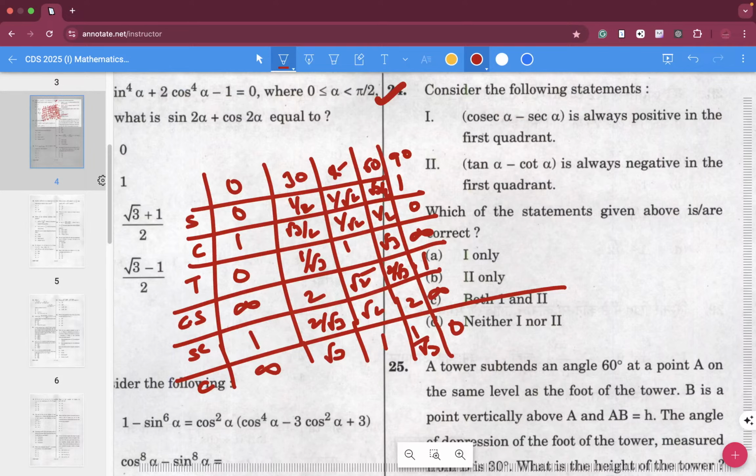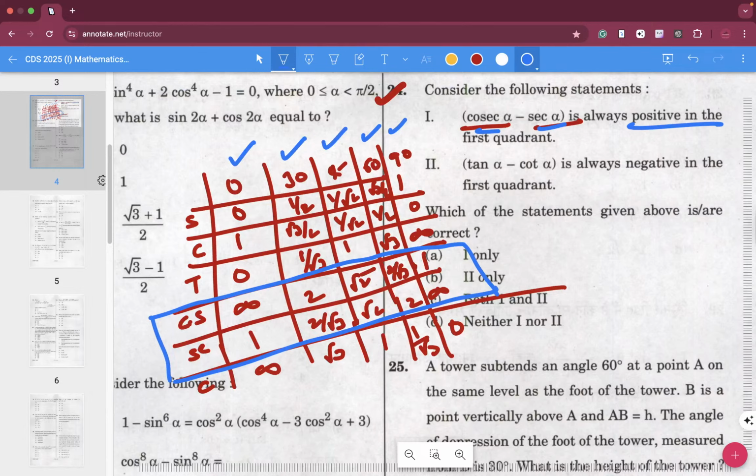So now let's look at the values of cosecant alpha minus secant alpha. Let's look at this, because this is the first quadrant, right? First quadrant means 0, 30, 45, 60, 90, isn't it? So now it is saying that cosecant alpha minus secant alpha is always positive. Infinity minus 1 is positive. This minus this is positive.